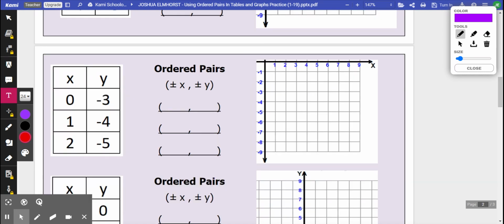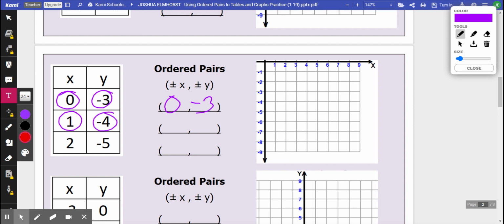Okay, and just continue with a little practice here. So when x is 0, y is -3. When x is 1, y is -4. So whatever the pattern is, it looks like it's going down. So when x is 2, y is -5.